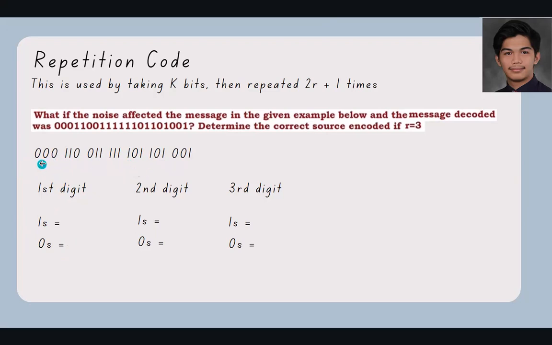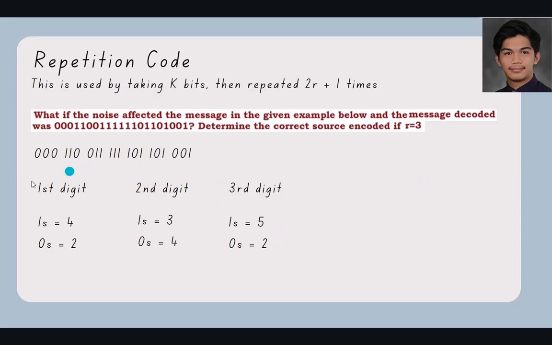In the first digit, there are about 2 zeros and 4 ones. As for the second digit, there are about 4 zeros and 3 ones. And as for the last digit, there are 5 ones and 2 zeros.